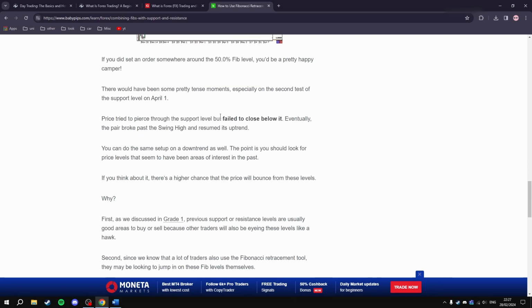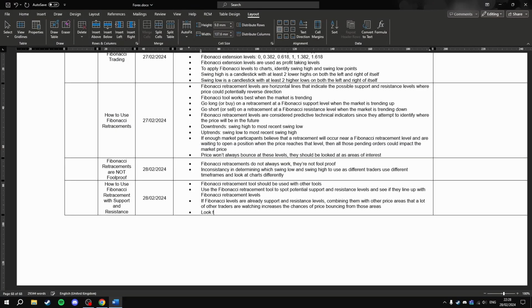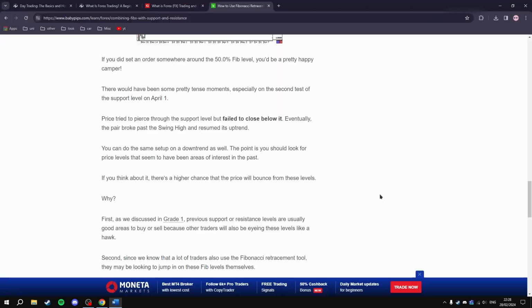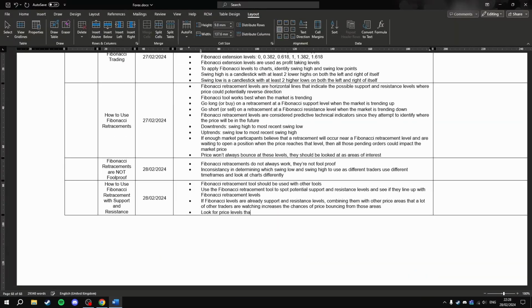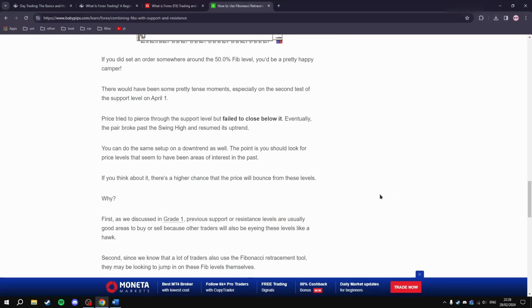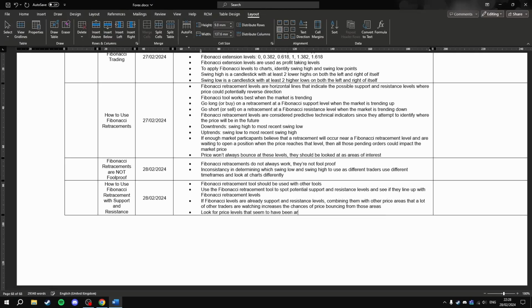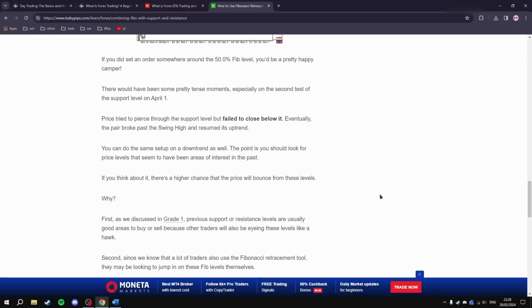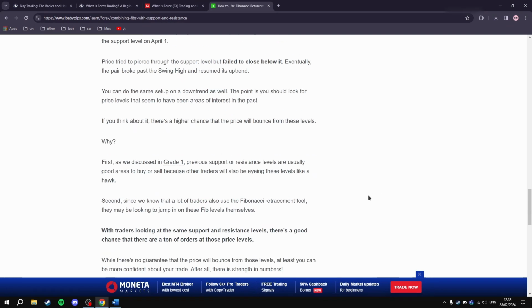The point is, you should look for price levels that seem to have been areas of interest in the past. If you think about it, there's a higher chance that the price will bounce from these levels. Why?